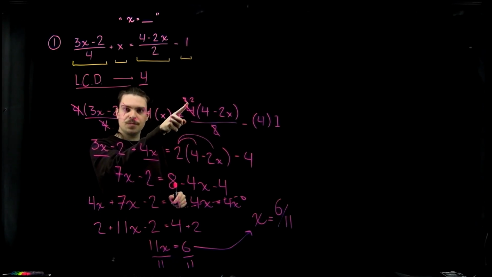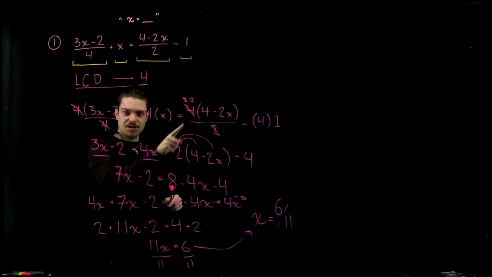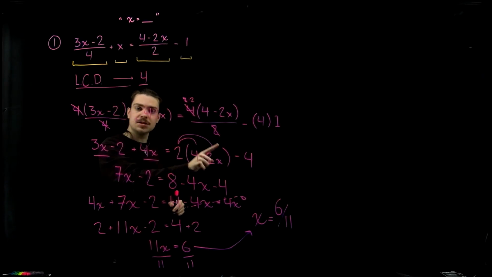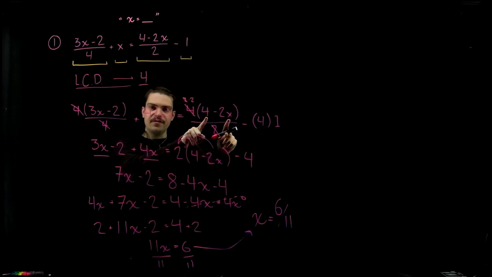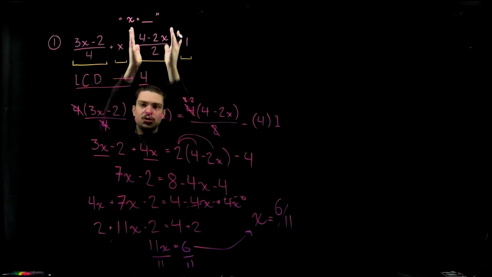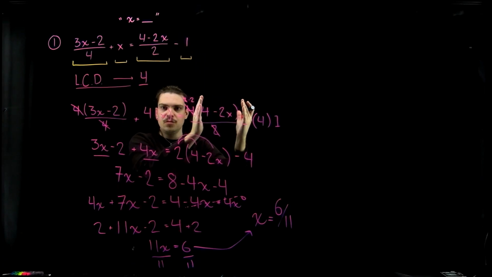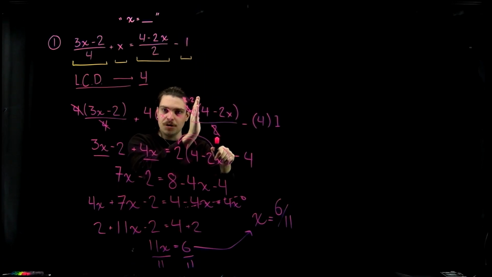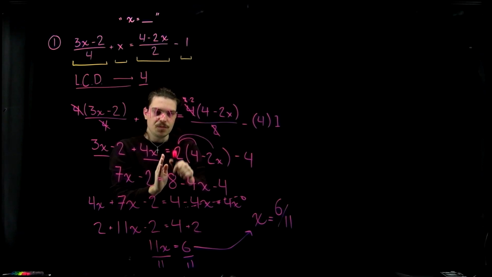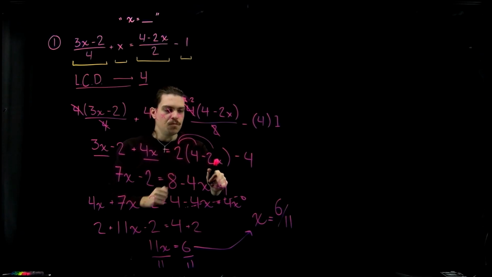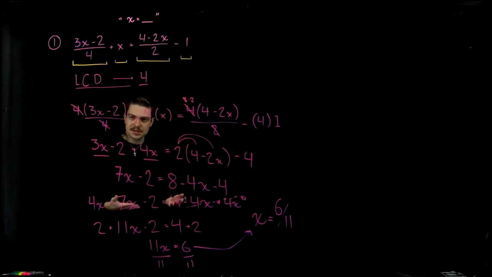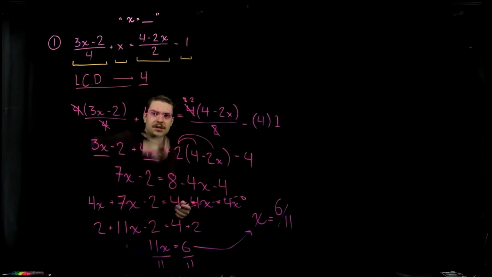We had a 2 that remained out there. And we had to take that 2 and distribute it into both of these terms, right? Because this was one entire term up here. So we took that term, moved it down here. We managed to get rid of our denominator, but then we had to remember to take our 2 down to both of the things inside of this expression here, right?